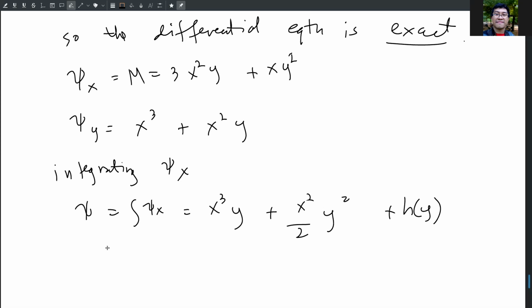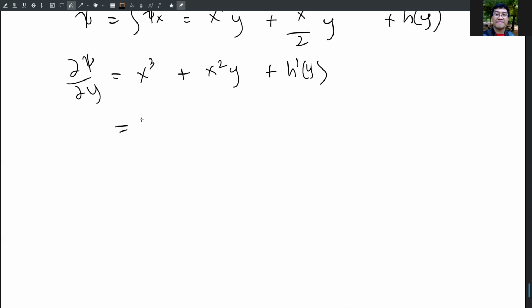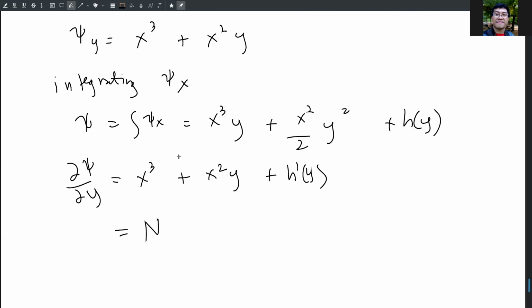And again, if we take the partial derivative of psi with respect to y, that would give you x cubed plus x squared y plus h prime of y. And this is equal to N. Our N is right here, x cubed plus x squared y. So these are the same, leaving h prime of y.